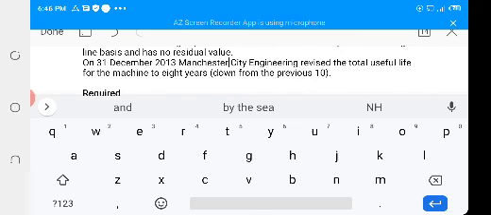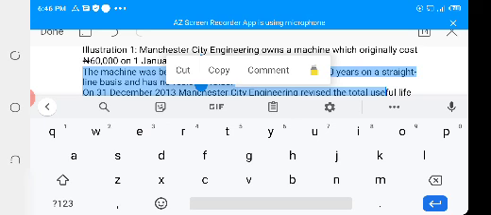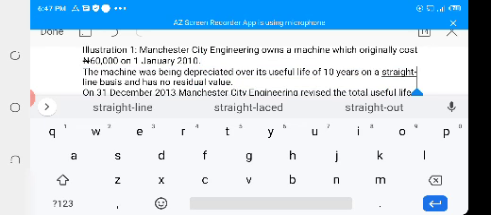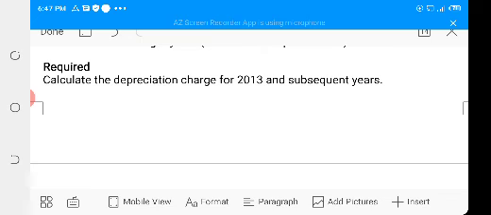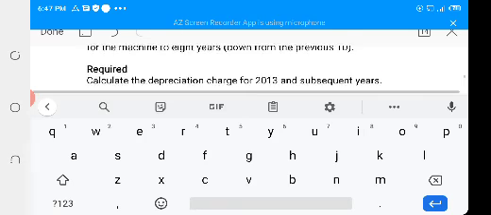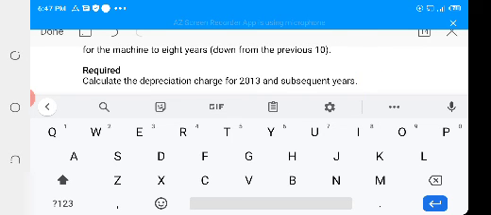That means it is down from the previous 10 years. Now you are required to calculate the depreciation charge for 2013 and the subsequent years. What is the depreciation charge for 2013 and the subsequent years?